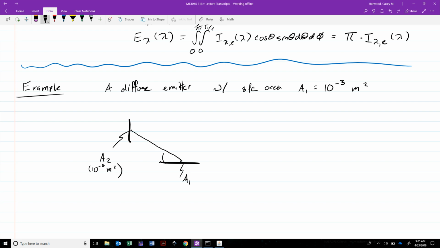at an angle of, my eraser's not working anymore, of 30 degrees from the horizontal, from A1.